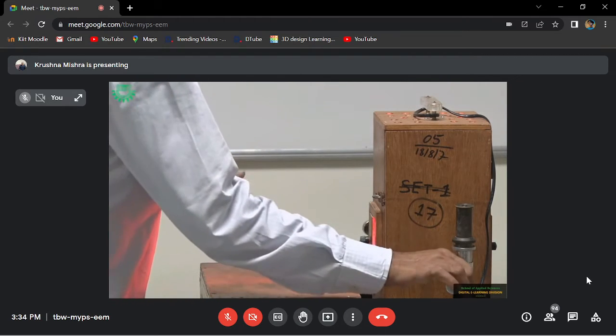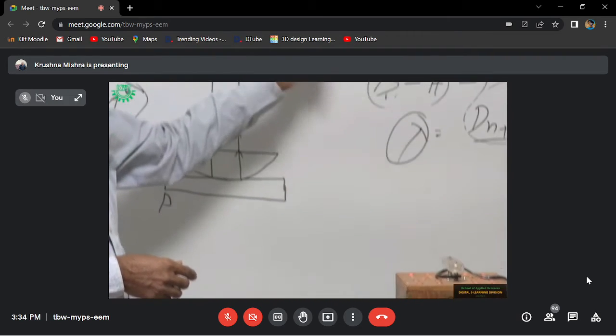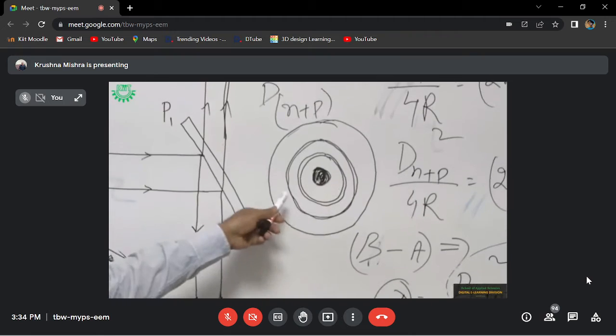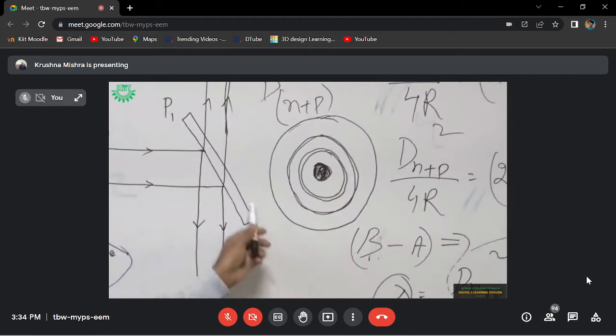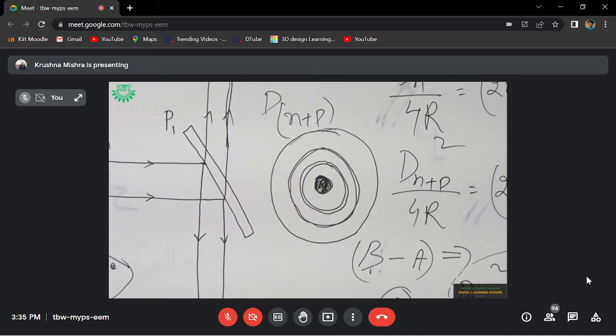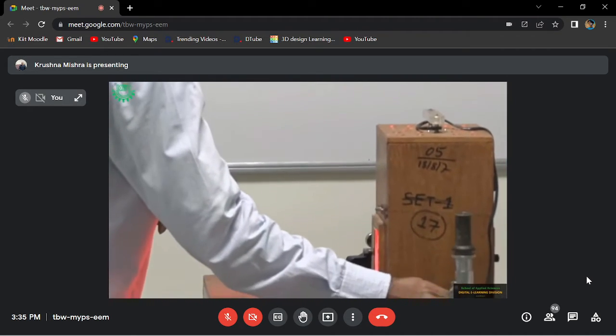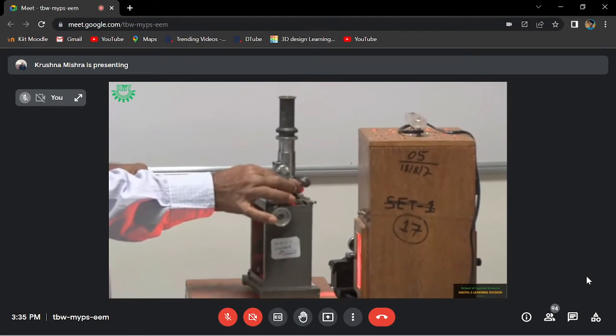And gradually, when you go from the center away, you will see this diameter goes on increasing. So here we can take at least two observations.